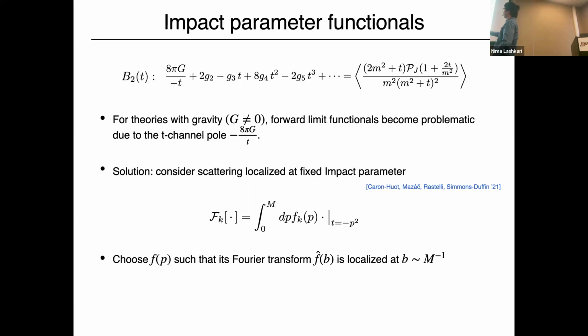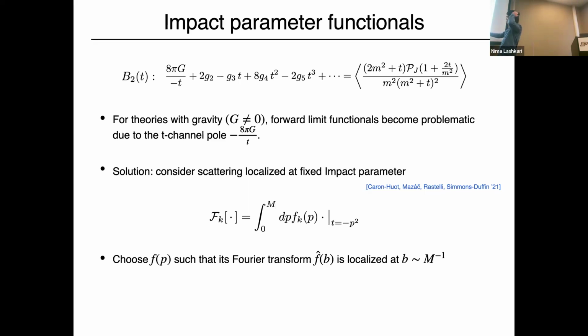Instead, you look at the sum rule at fixed impact parameter. This might remind you of the Kemp's argument that I showed earlier, where they consider scattering at a fixed impact parameter. Here you are doing a similar thing. Basically, you integrate the equation against a function f of p, a function of the transfer momentum, where t is minus p squared.